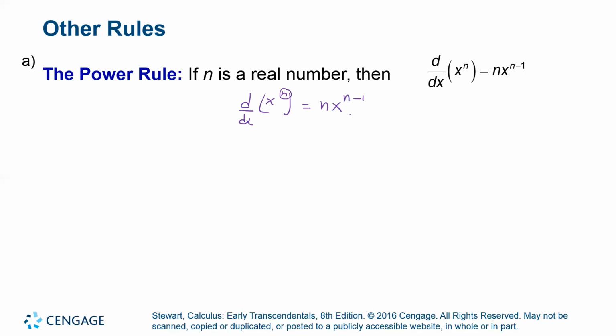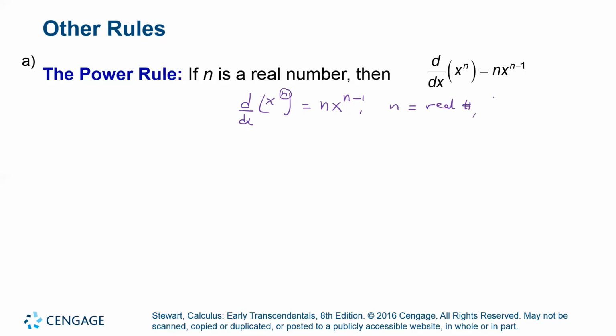Subtract 1 from the exponent, where n is a real number. So it could be an integer, a fraction, even the square root of an irrational number, whatever number it is. All right, so that is the rule for that.